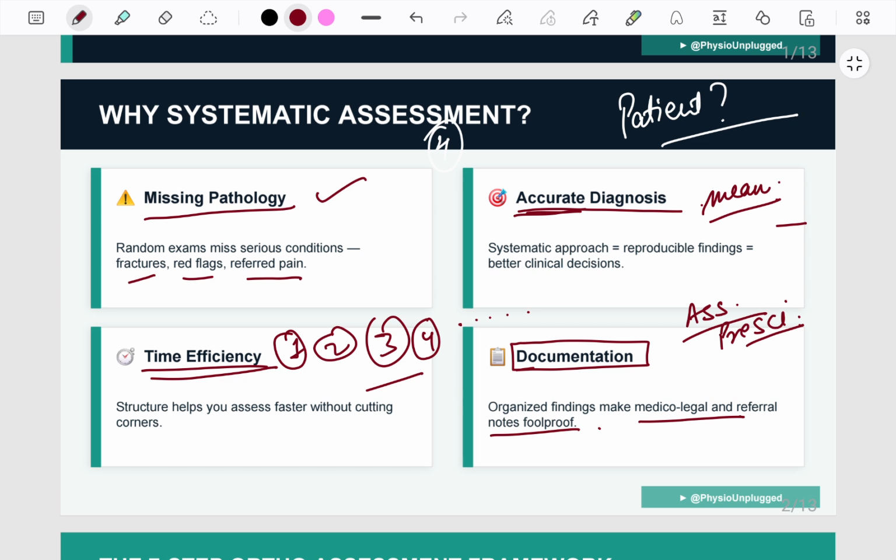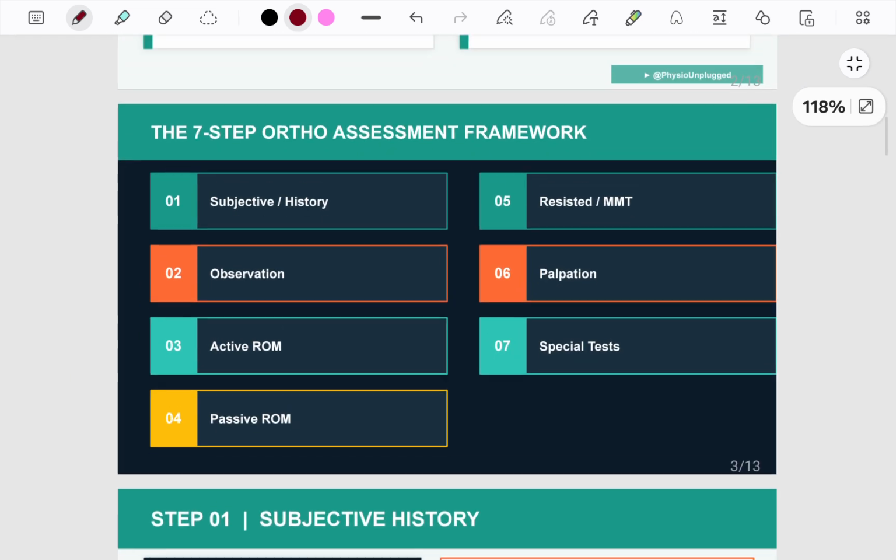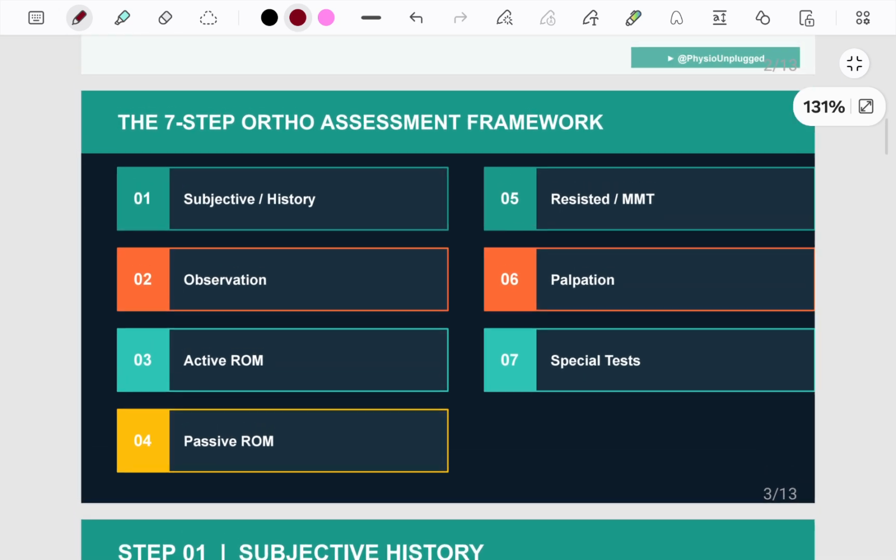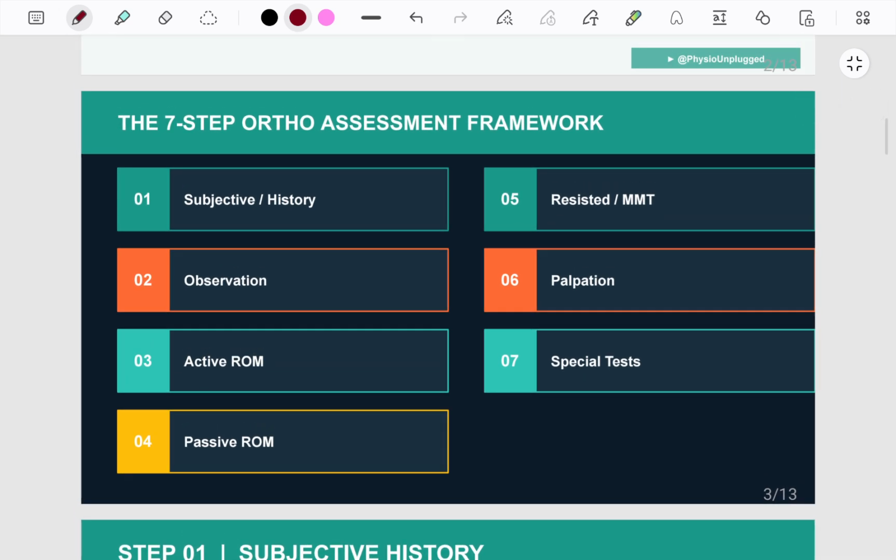Now let me show you the framework, how we are going to go about our assessment. See, here's our framework. It has 7 steps as you can see on the screen, and these are not random steps. They are very specific in order, from the least provocative test to the most provocative test. Why are we doing it?